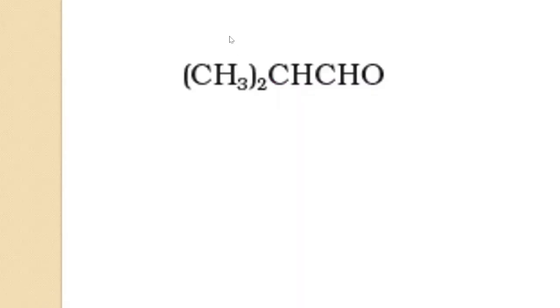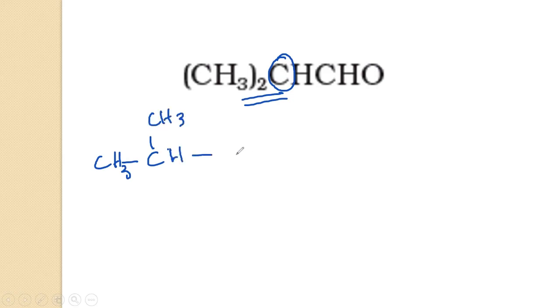Let us do a few more examples. Now look at this compound, (CH3)2CH-CHO. So when we draw the structural formula, you have this carbon atom on which you have 2 CH3 groups. So that would be (CH3)2CH and CHO.